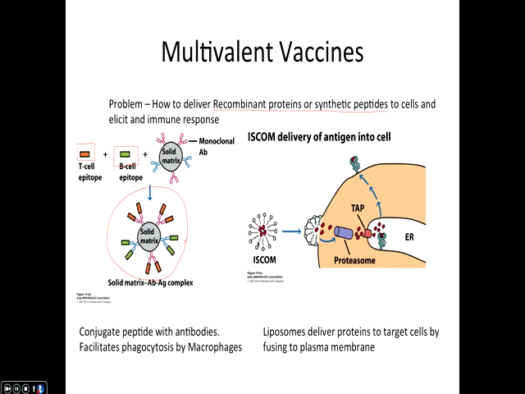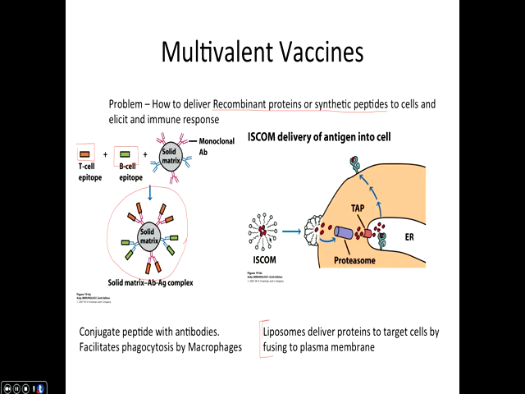The ISCOM is a mechanism where you create a little membrane-bound complex, almost fake vesicles. These vesicles will fuse to cell membranes. It's kind of like transfections, like the liposomes used in cell culture. This is a way you can deliver this protein target to the cell membrane.